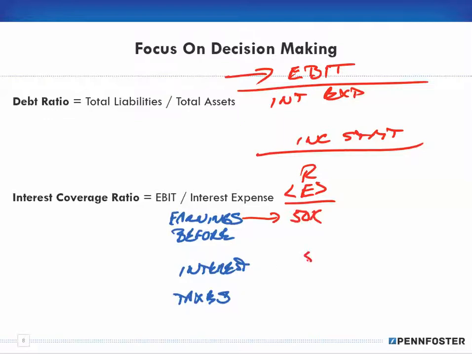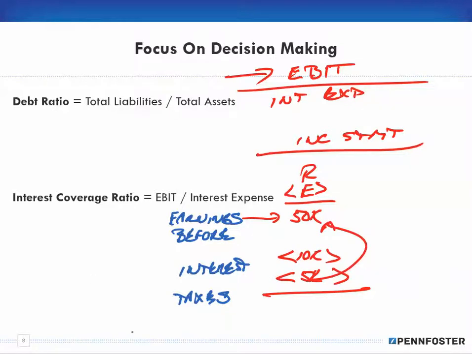And say our interest is 5,000. No, let's make it 10,000. And our taxes, now remember we're paying taxes on the 50,000 here. So let's just say that happens to be $5,000. Okay. So we subtract out our interest expense and we subtract out our taxes.